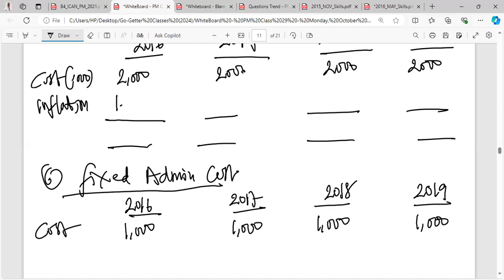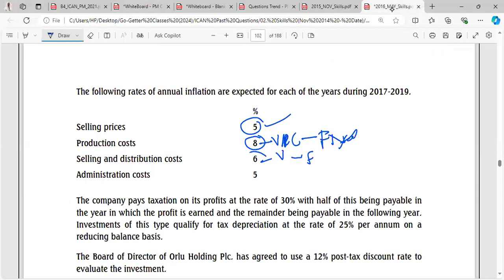Then we'll talk about the inflation. I think I can remember this should be 6%, and this should be 5%. Let's confirm. Because selling and distribution is 6. We've taken this. Admin cost is 5. This is always fixed. All right.